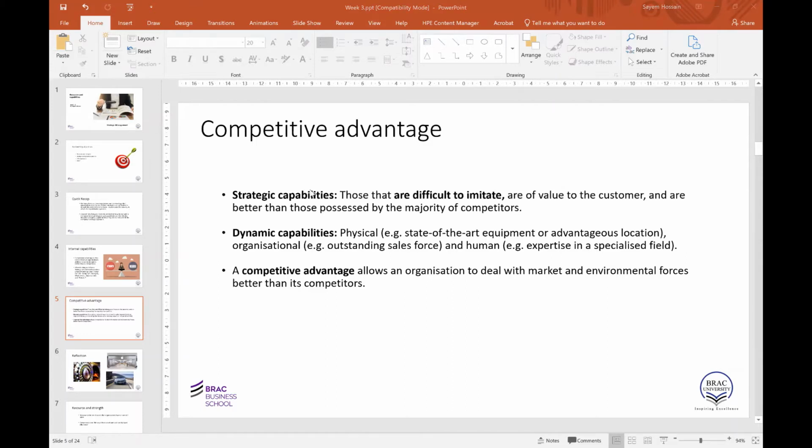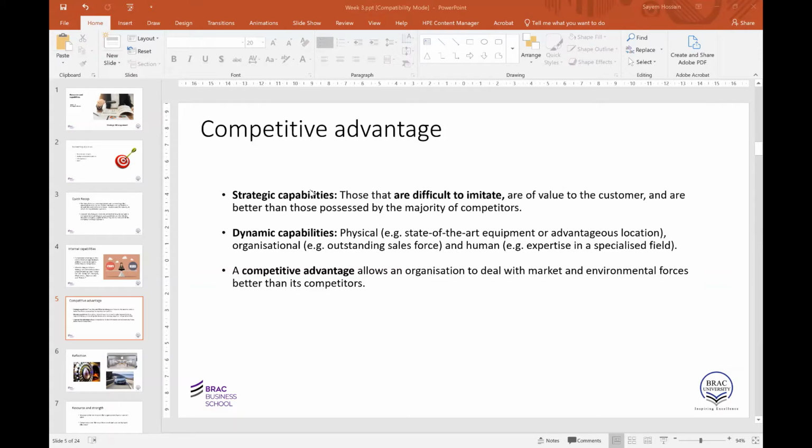Then comes dynamic capabilities. All right, so think about some dynamic capabilities. Dynamic capabilities are like physical or human capabilities. But these are not difficult to imitate, but these are something special, like state-of-the-art equipment or advantageous location, organizational, and some human factors as well.